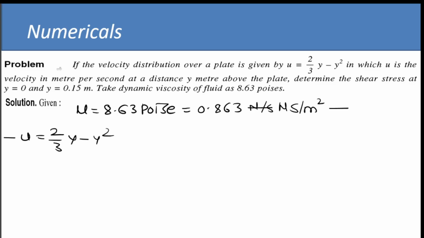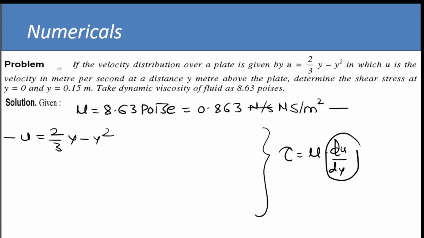If you want to apply Newton's law of viscosity, I can say tau is equal to mu into du by dy. So for that, I'll need the relation for du by dy. Let us differentiate this relation with respect to y. So du by dy: 2 by 3 y has a derivative of 2 by 3, minus y square as 2y.